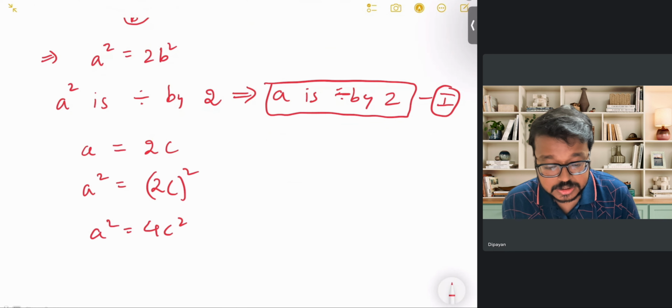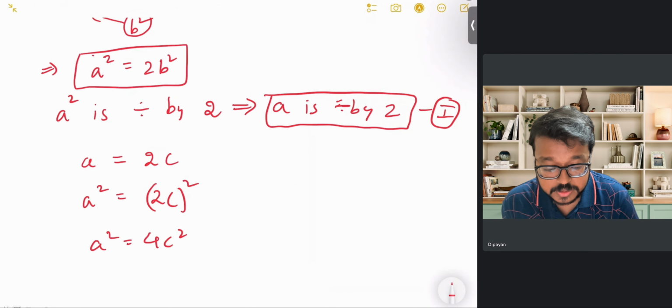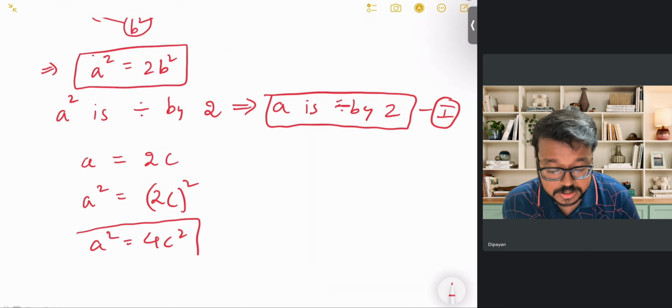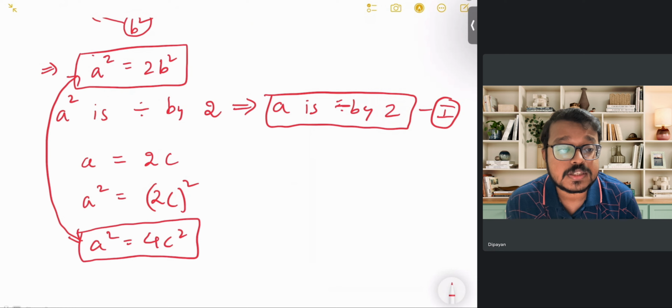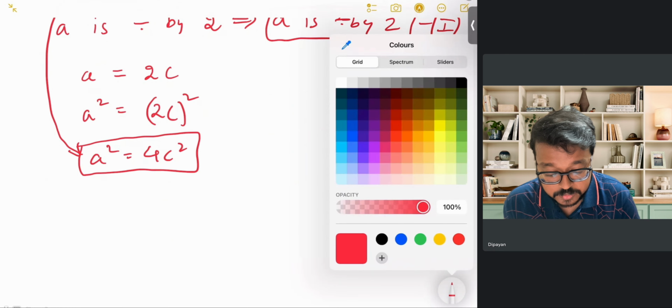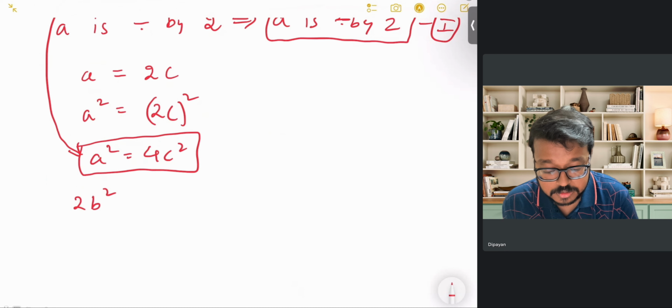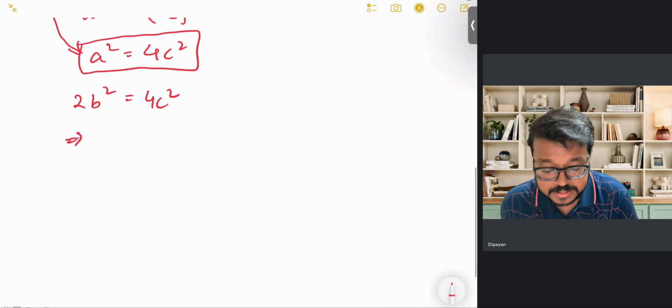I had an equation previously which stated that a squared equals 2b squared, and now I'm saying a squared equals 4c squared. So if I look at these two equations, the left side is equal. So I can say that the right sides are also equal. So 2b squared is equal to 4c squared. Divide by 2 on both sides, I will get b squared equal to 2c squared.